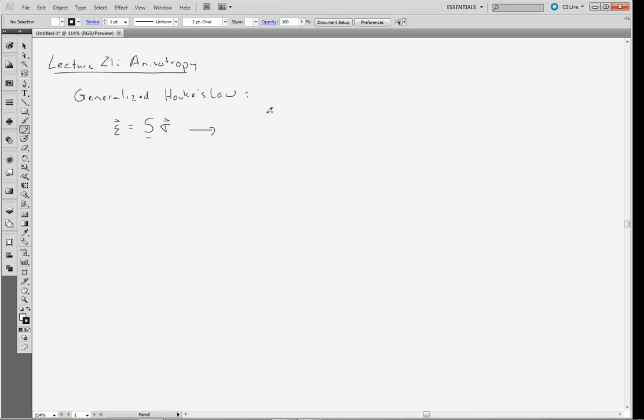And we did this for the relatively simple case of normal strains and normal stresses. But we can actually expand this even further to both normal and shear stresses in the same matrix.